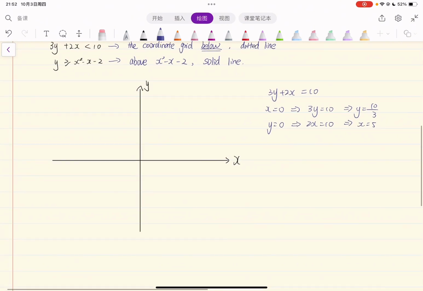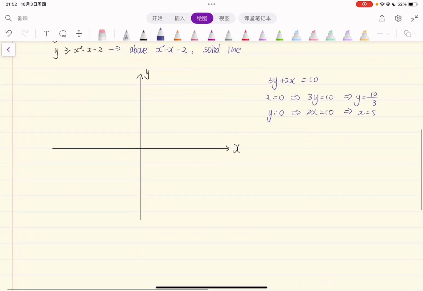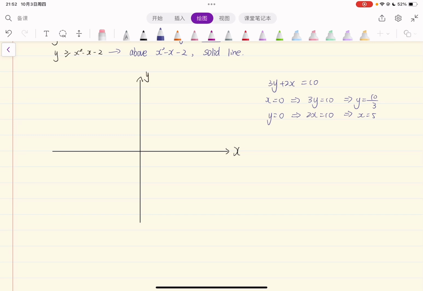So 10 over 3 is 3 point something, maybe here.